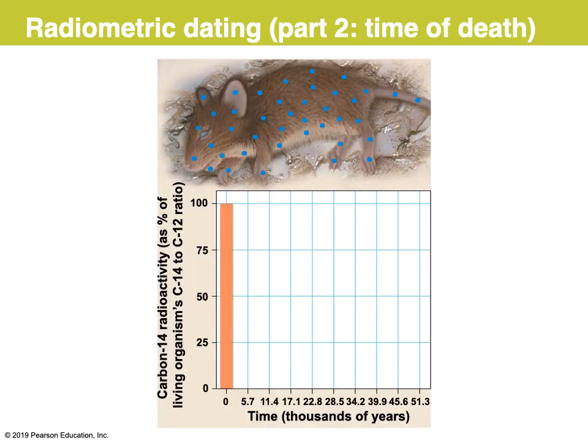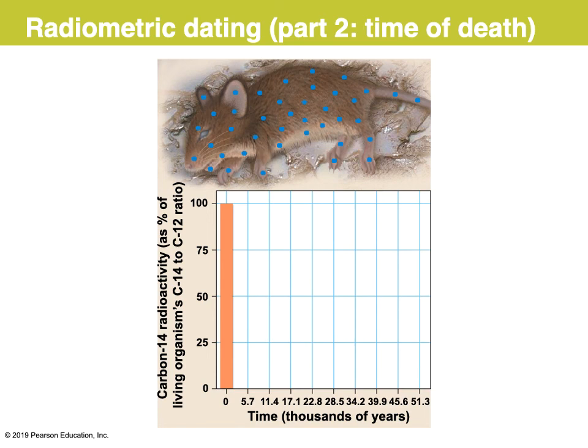If you look at that bar on the left, at the time of death, it's 100% carbon-14, no carbon-12, because when it was alive, it had all carbon-14, no carbon-12. So if you know how much carbon-14 relative to carbon-12 is in that mouse when you find it thousands of years later, you can guess how long it's been dead.